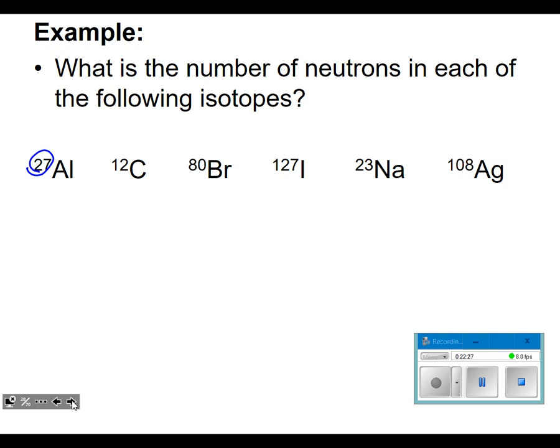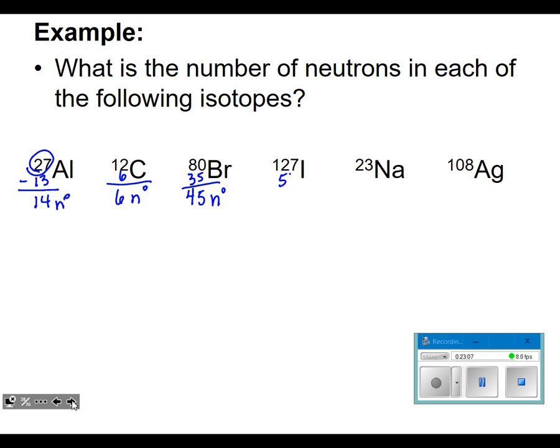If I ask what is the number of neutrons in each of these isotopes, we would look up the atomic number on the periodic table, which for aluminum is 13. We subtract those two numbers and end up with 14 neutrons. Carbon is 6 on the periodic table, so that would be 6 neutrons. Bromine is 35, so we would end up with 45 neutrons.